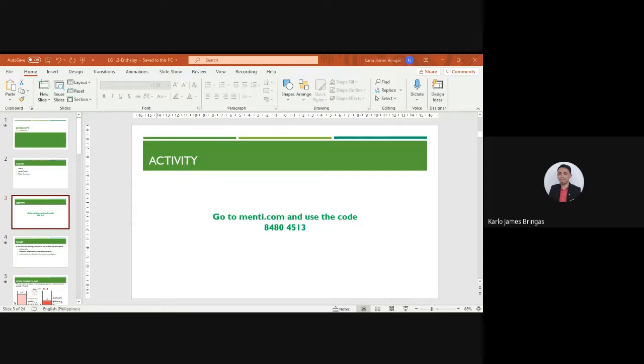Ayan, so we now have 20 players all in all. Let's wait 1 minute more for the rest to arrive so that they could also participate. So once again, that's menti.com using the code 84804513.